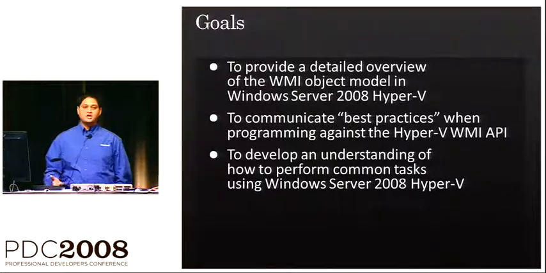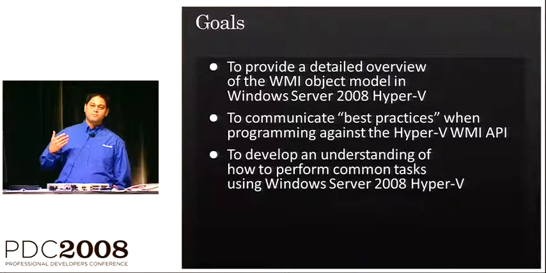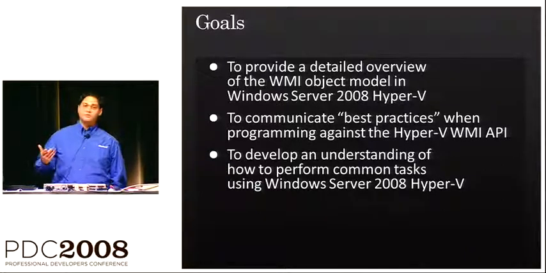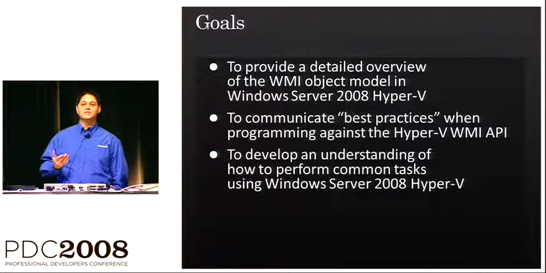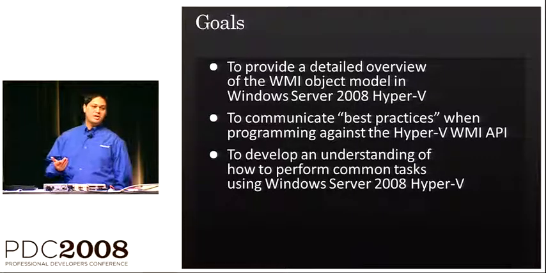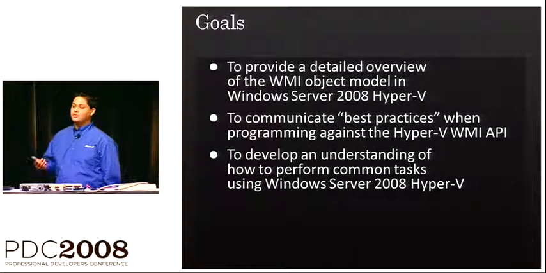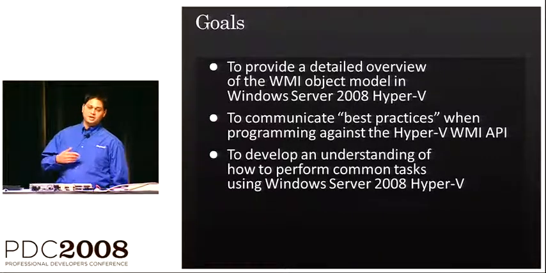So the goals of this talk are basically to give a detailed overview of the WMI object model and talk about some of the best practices. One of the things, as I've been talking to a lot of people who have been using our WMI APIs, that has come up over and over again is, well, it's a huge set of APIs, there are properties and associations and all this stuff all over the place.